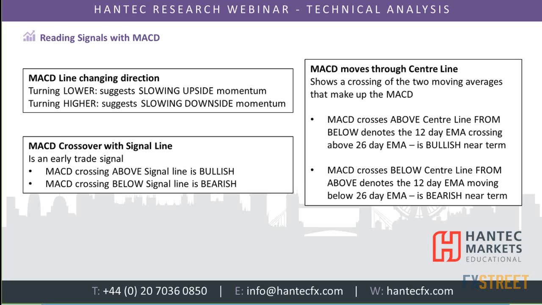The shorter moving average is beginning to turn back towards the longer moving average, which would suggest that near-term momentum is deteriorating. Equally, if the MACD line turns higher, that would suggest that the moving averages are improving, and the momentum also improving.